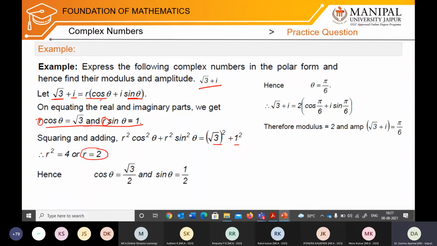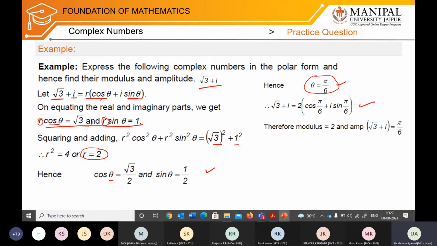If we substitute r here, cos theta will be root 3 by 2, sin theta will be 1 by 2. Right? Then the value of theta which satisfies both cos theta and sin theta is pi by 6, because cos pi by 6 is root 3 by 2 and sin pi by 6 is 1 by 2. So this is the amplitude.